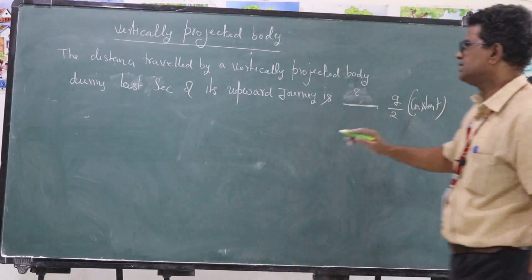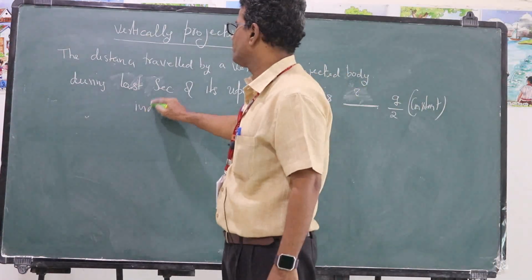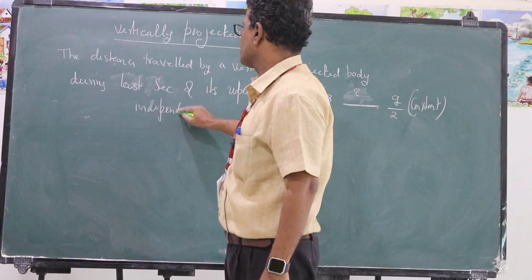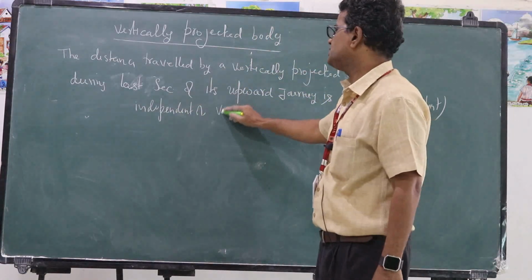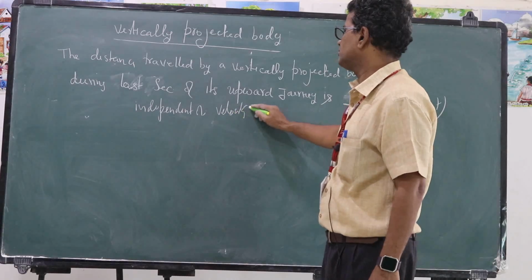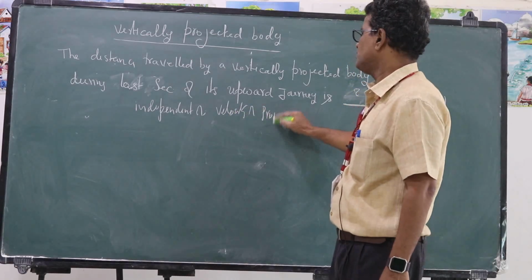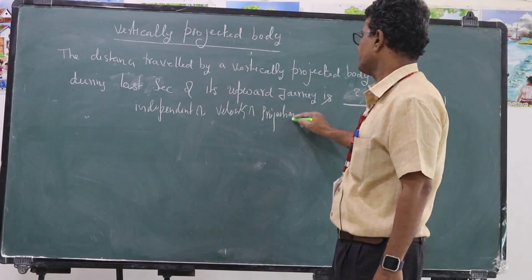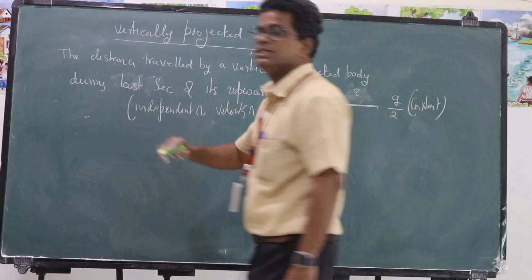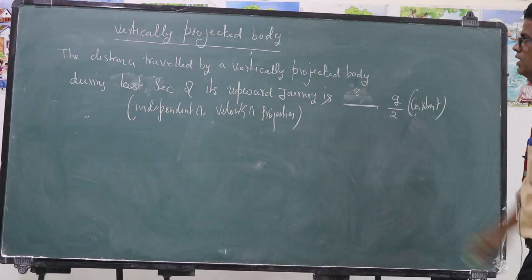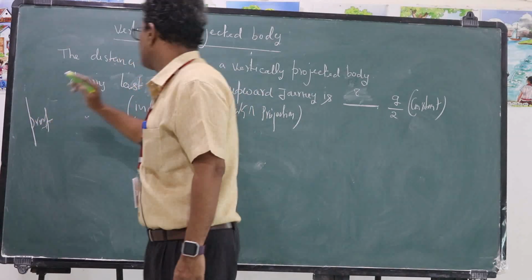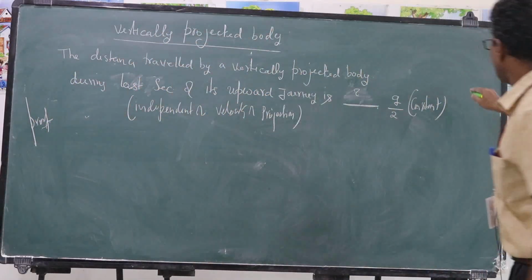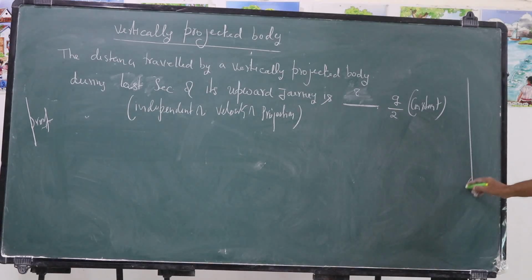That means it is independent of velocity of projection. How can we prove this? Proof: consider a body projected vertically up with initial velocity u.